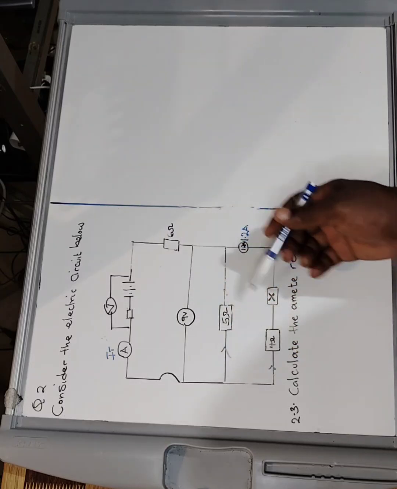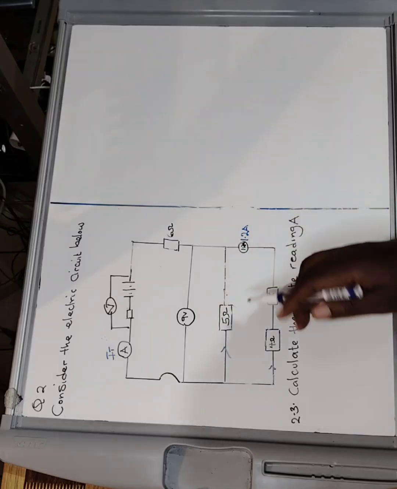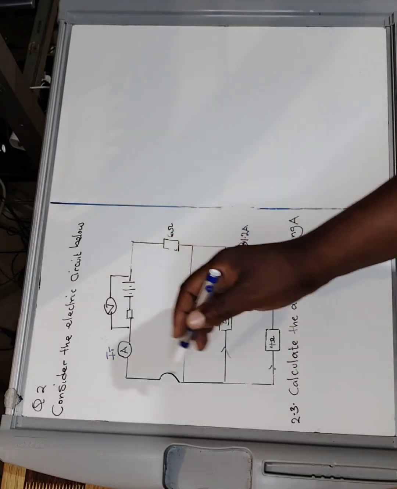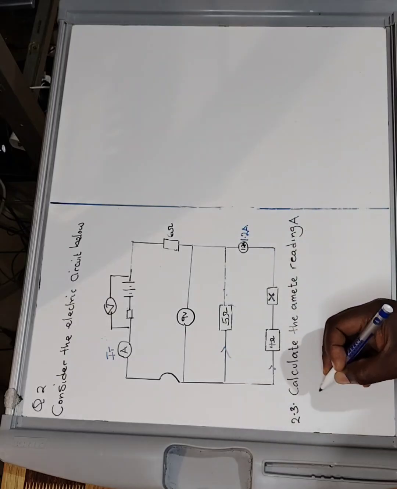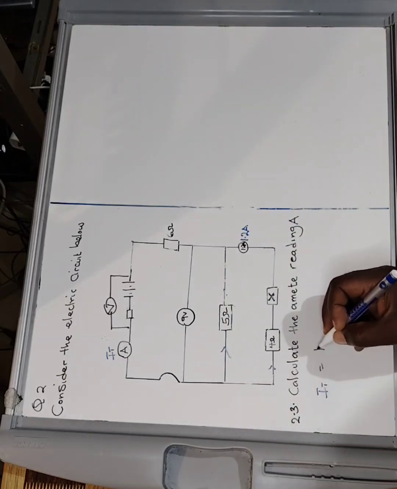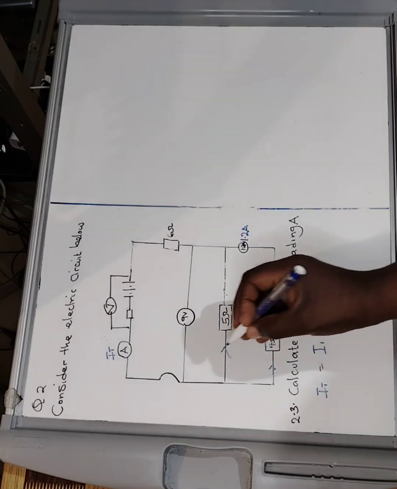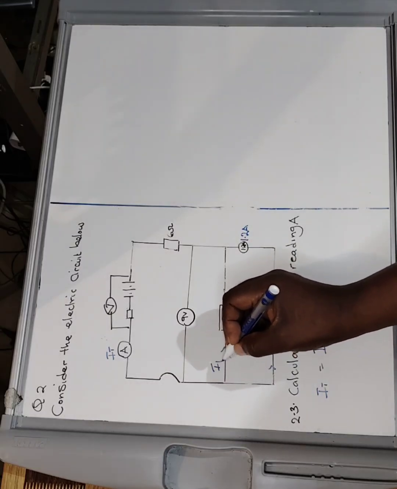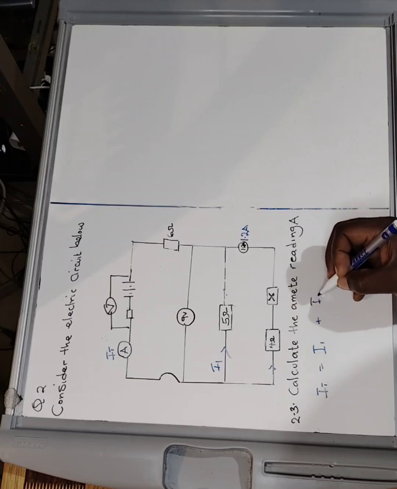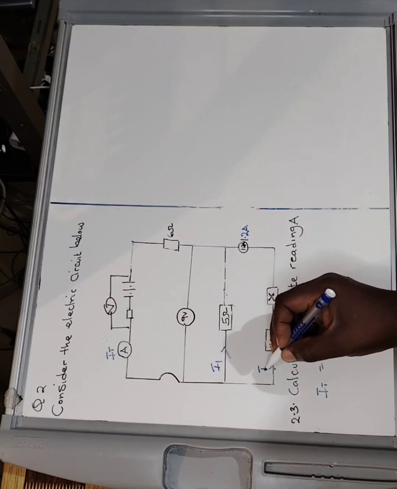Those are the only 2 branches we have. So when these 2 currents flow and reach here, they combine. So we have the equation: I total is equal to I1, let me call that one I1, plus I2. This one is I2.